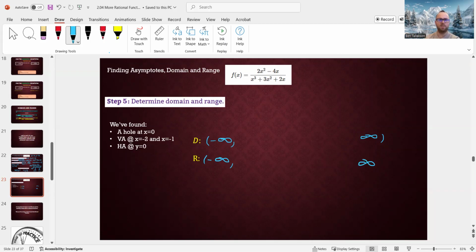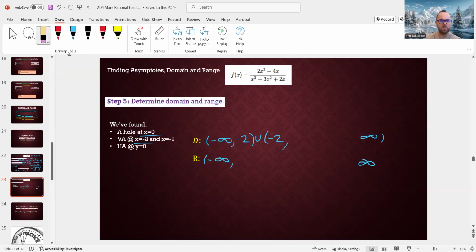So domain is possible x values. We're told x cannot equal 0, but we're also told there's a vertical asymptote at x equals negative 2.